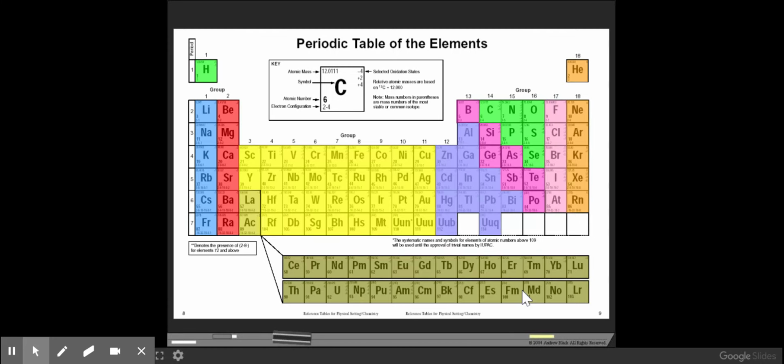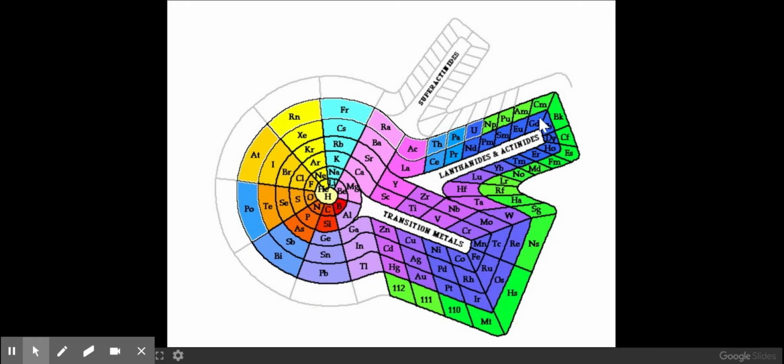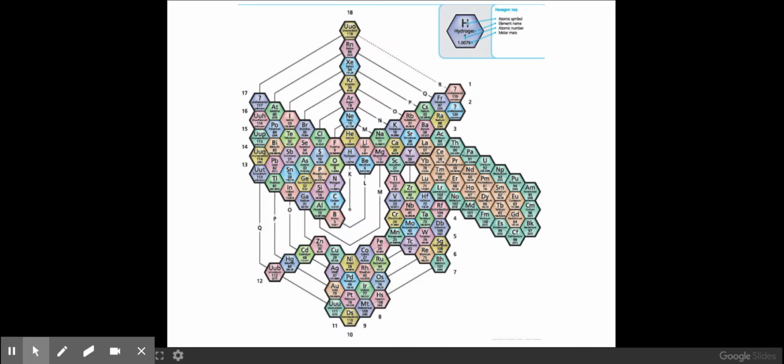So they include them like this and also include the transition metals while still organizing the elements based on the number of valence electrons and atomic number. So this is one model of it. Here is another model. It's hard to imagine the periodic table looking different than what it currently looks like, but these might make more sense for how to organize the periodic table than what we currently use.